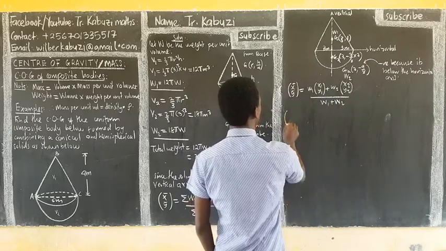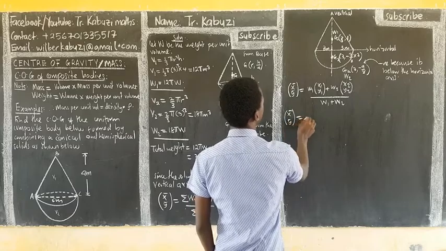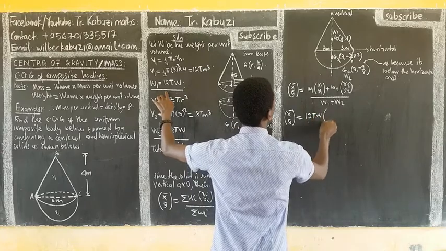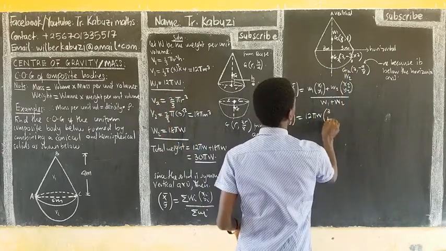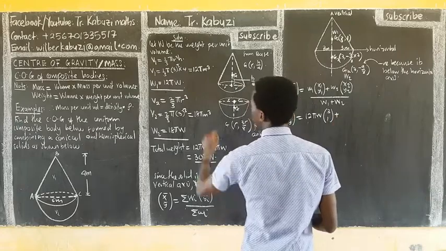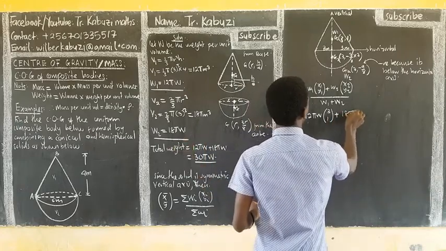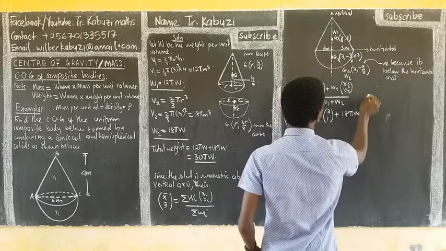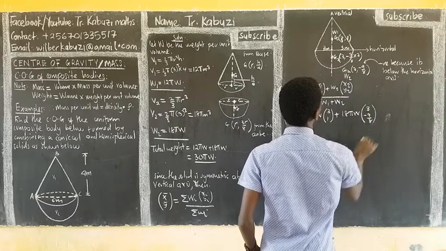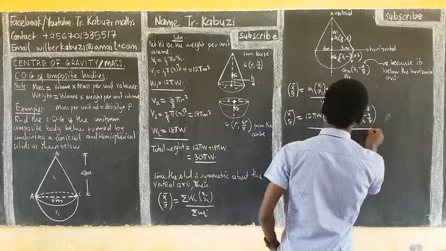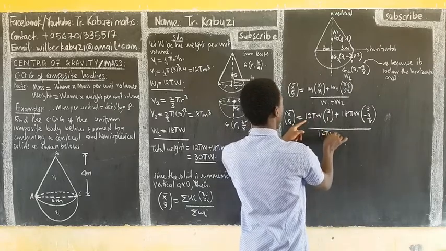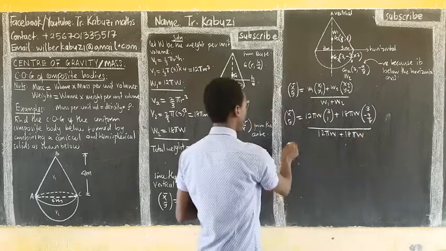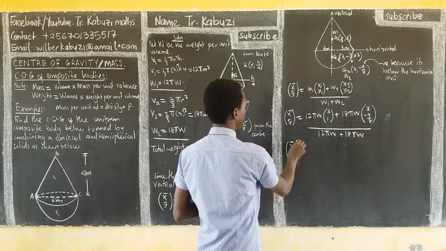Substituting, it's going to be our weight 1, 6/45 W, acting at 3, 1, plus our weight 2, 18/45 W, acting at 3, negative 9 over 8. Then the whole we divide by these two weights, 6/45 W plus 18/45 W. And then we simplify that.